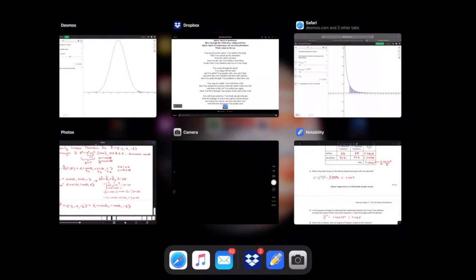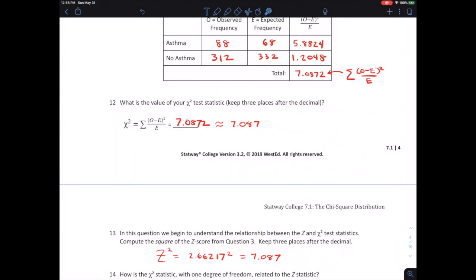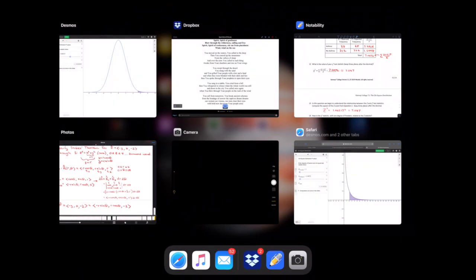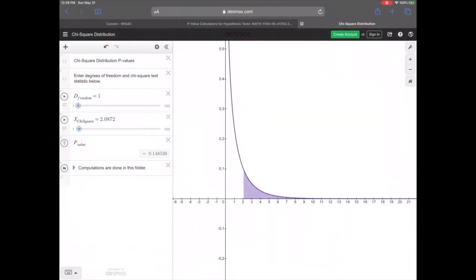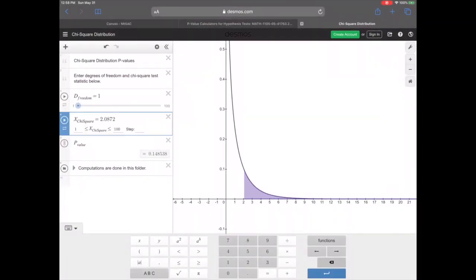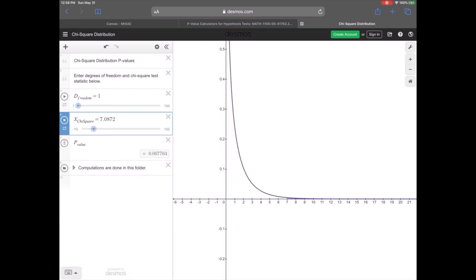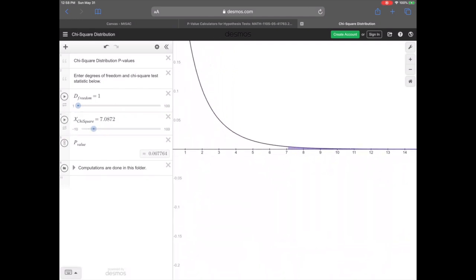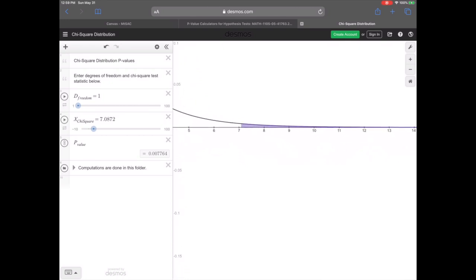I don't think it's 2.0872. It was 7.0872, my bad. So we'll go and fix that. Okay, that's better. You can see there's a little sliver on the distribution just to the right of 7 that's shaded. And you can see the p-value down there, 0.00776, is what I'll copy over.